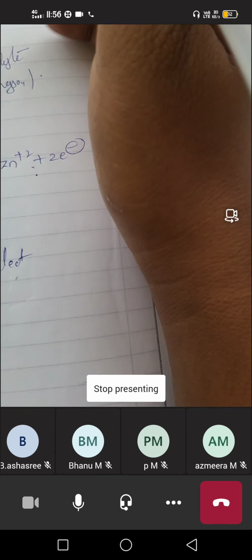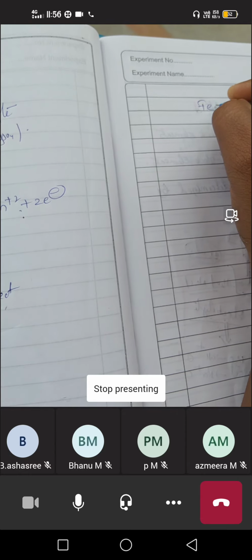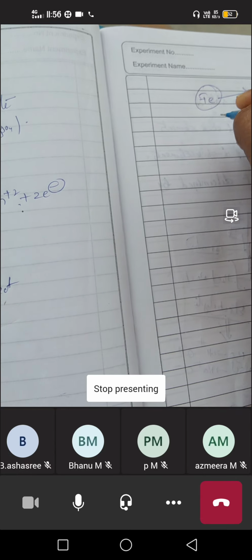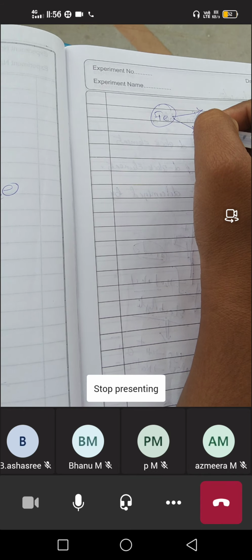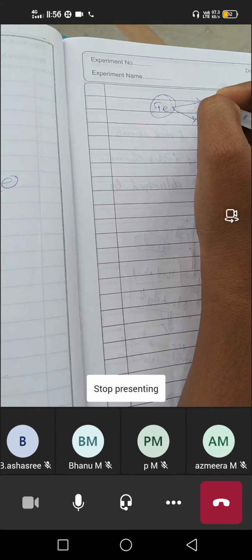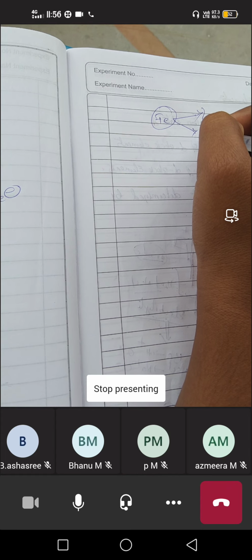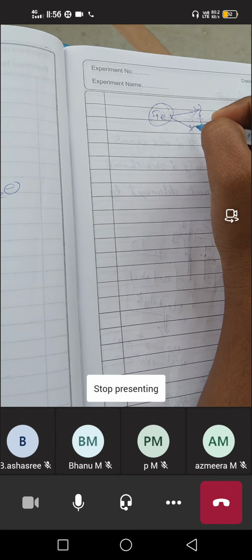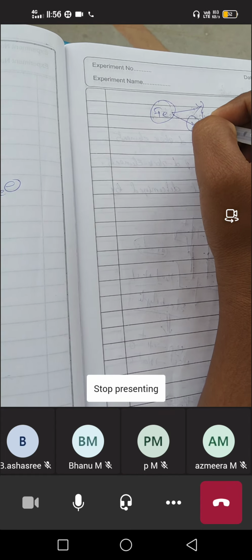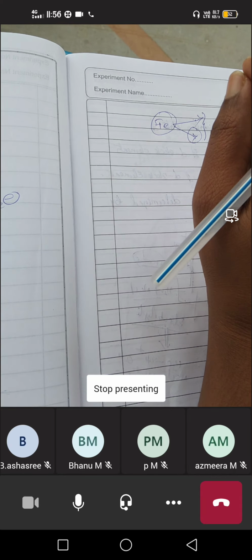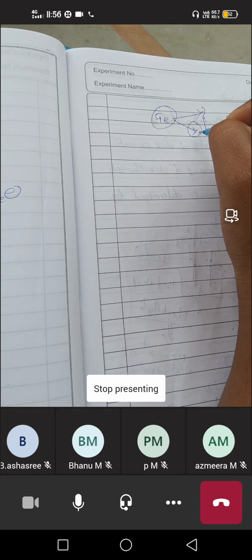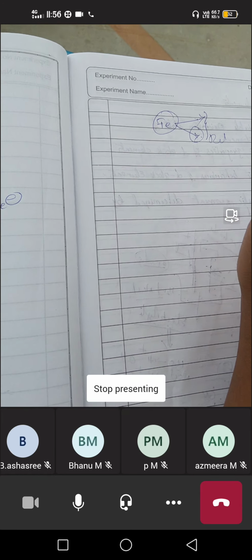The same iron, Fe, will have an oxidation potential value and a reduction potential value. So we have two values for the same metal. To overcome this confusion, we have to fix one value for one metal. So always we have to use the reduction potential value only.